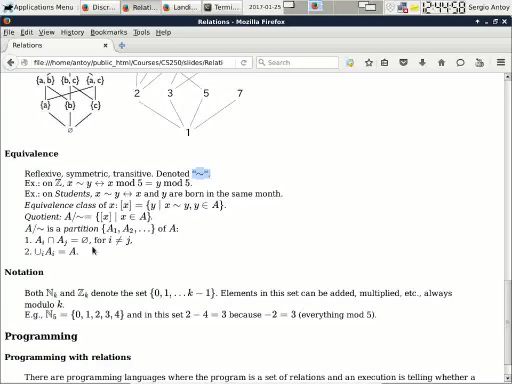Yeah? Who can tell me some elements which are not related? 6 and 7. Why are they not related? Because when you divide 6 by 5, you get the remainder 1, and for 7, you get the remainder 2. They are not equal, so they are not related. So far so good?